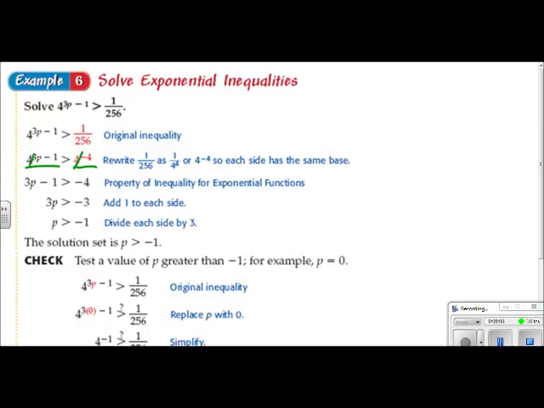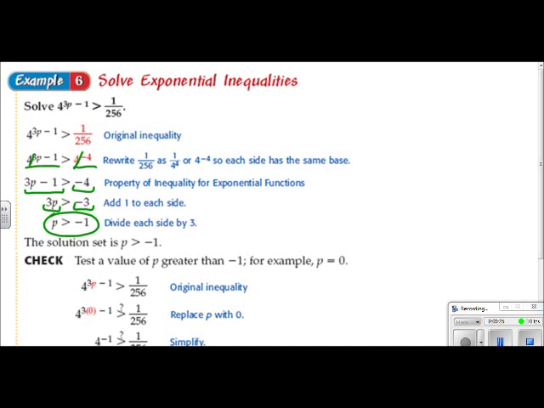So again, we can essentially cross out the 4. That leaves us with 3p minus 1 and negative 4. 3p minus 1 is greater than negative 4. Just add the 1 on both sides. So now 3p is greater than negative 3. Divide each side by 3. P is greater than negative 1.